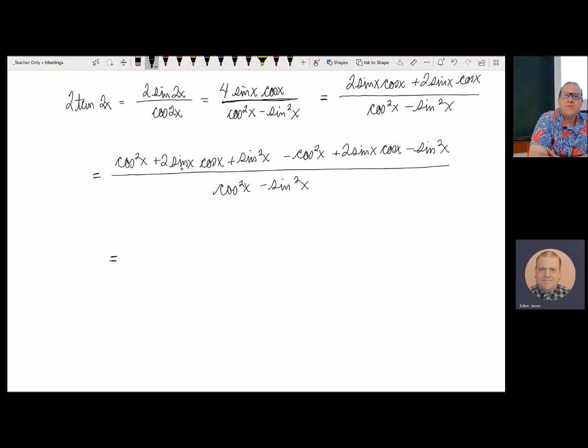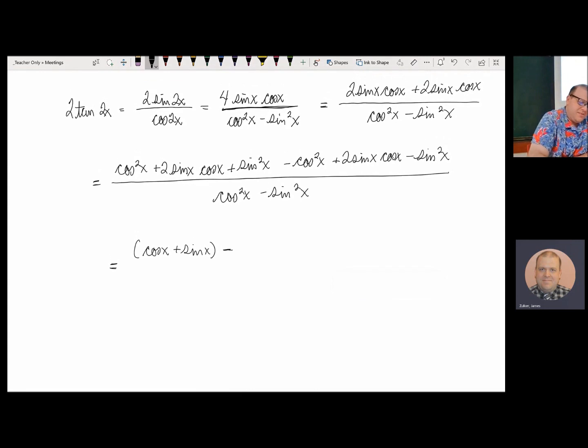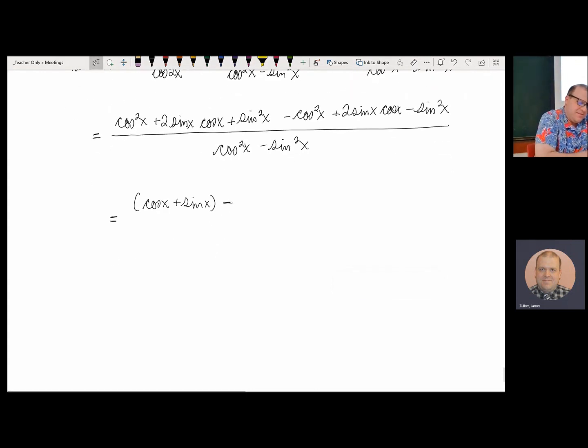Isn't this a perfect square binomial? Factor a negative out of here. Well, you forgot the exponent on the cosine, that first quantity. Yeah, and then you factor out -1, and you get the same. That becomes minus.